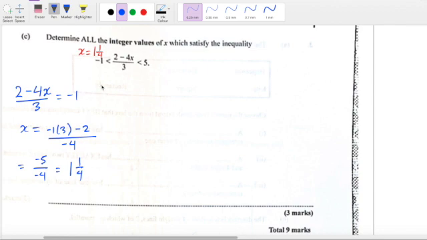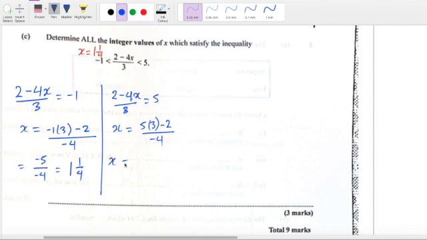So now I wonder what x will be when this thing is equal to 5, right? So this thing over 3 is equal to 5. So I'll do my one-step algebra again. 5 times 3 minus 2 divided by -4. If you're a boss, you can just do it in one step. 15 minus 2 is 13.